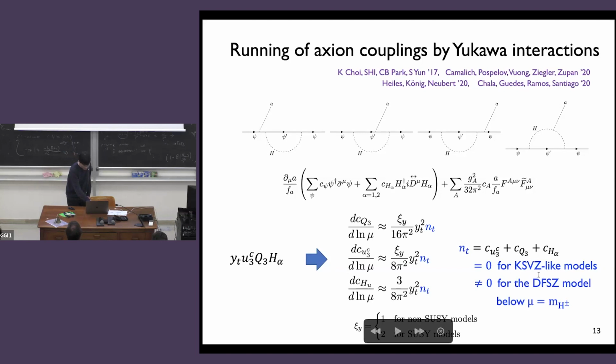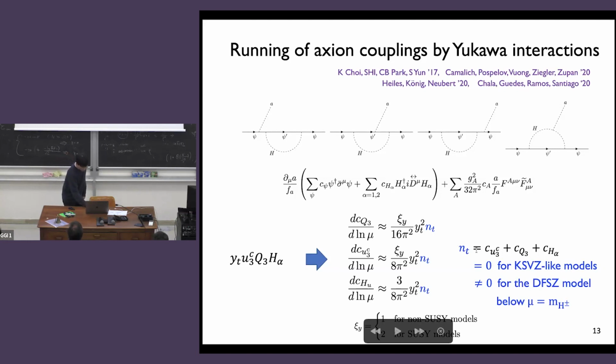On the other hand, for DFSZ-like models, this can generally be of order 1 from the scale of f_a, where the axion degree of freedom appears. However, in the original DFSZ model, actually this sum should vanish because it should be invariant under Peccei-Quinn symmetry.